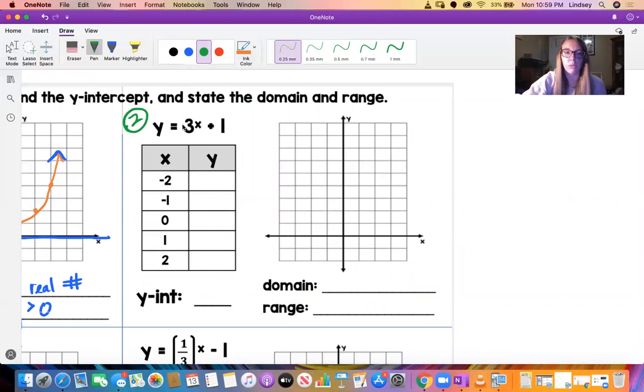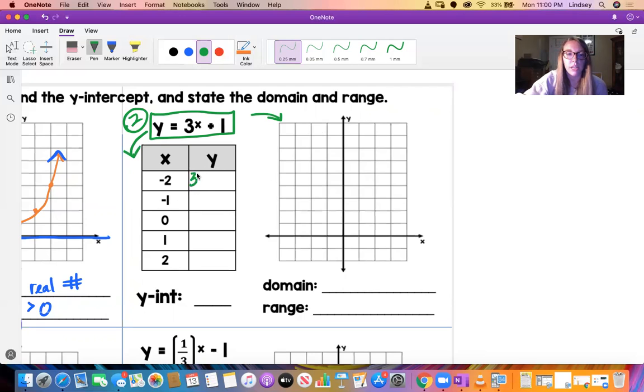We have y equals 3 to the x power plus 1, okay? Just that plus 1 on there doesn't change anything. It's just going to add an extra step when we're filling in our table, okay? So we're going to be using this function now, and we want to see what it looks like graphically. But before we can figure out what it looks like graphically, we have to fill in this table.